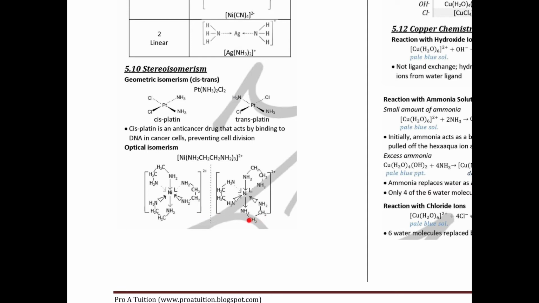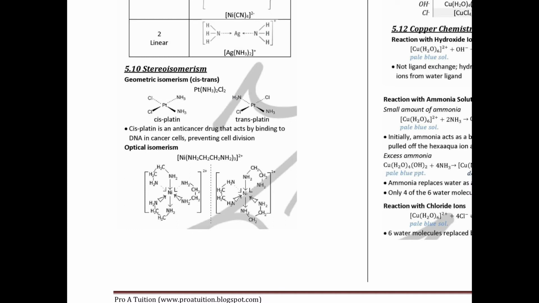So what we can see here is it's like the mirror image. And again, this is different from what we learned last time. Last time, optical isomerism happened when the carbon took four different groups of atoms. But this one is not four different groups. It's just three bidentate ligands.